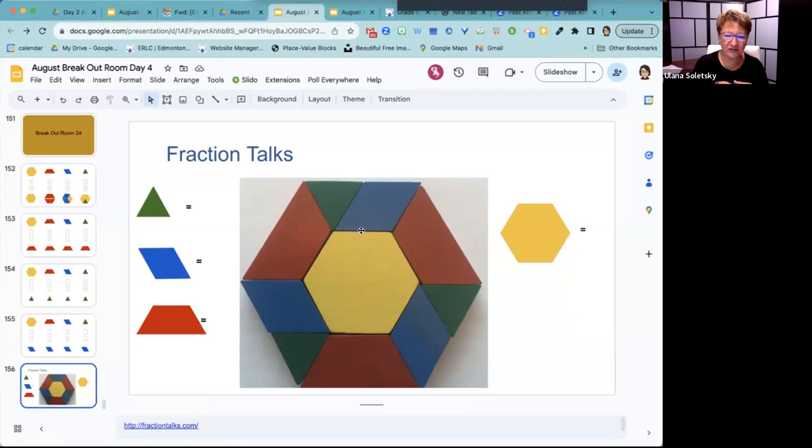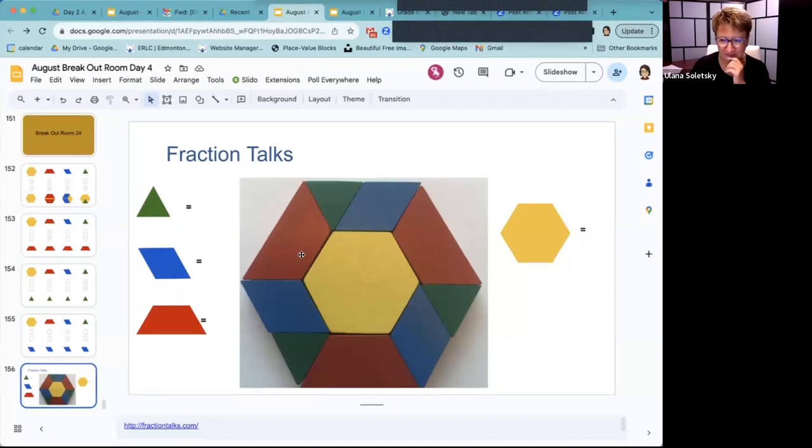What fraction of the whole is one of the blue rhombuses? What fraction of the whole is the red piece? And then you can also challenge yourselves and say, well, what fraction of the whole is green?